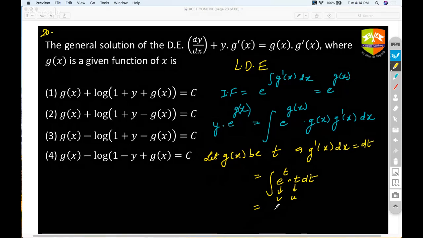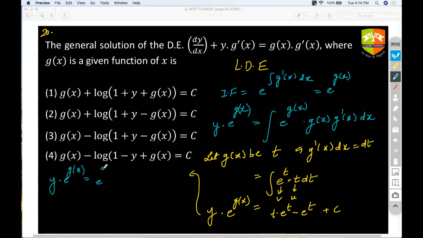So that's going to be t times e to the power t minus e to the power t plus c. So rephrasing it, y times e to the power g of x is e to the power g of x times g of x minus 1 plus c.